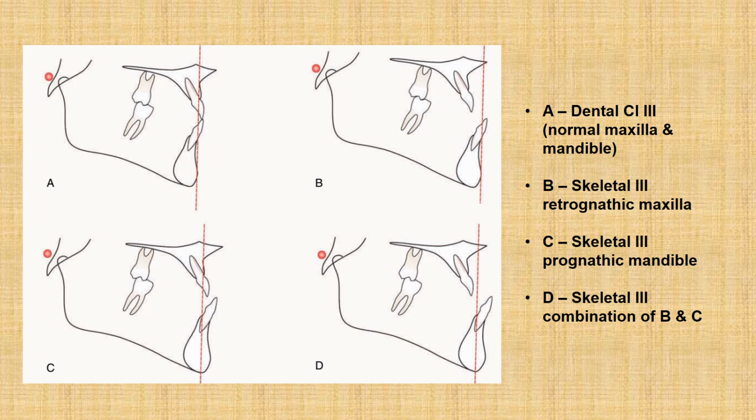Now in B, what we see is a maxilla that is set back from the normal ideal position, and in C we have a mandible which is forwards of the normal position, and in D it is a combination of both, whereby the maxilla is set back from the normal position and the mandible is displaced anteriorly from the normal position.